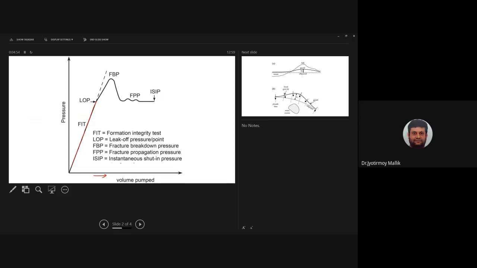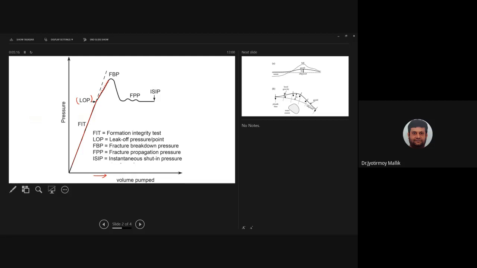And then after a point which we call the leak-off point, smaller cracks or micro cracks will generate. So I can see that some mud will be lost, so there will be a reduction in pressure.